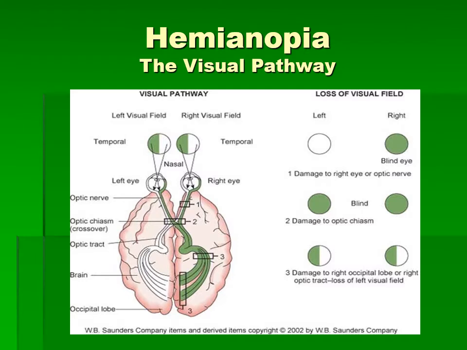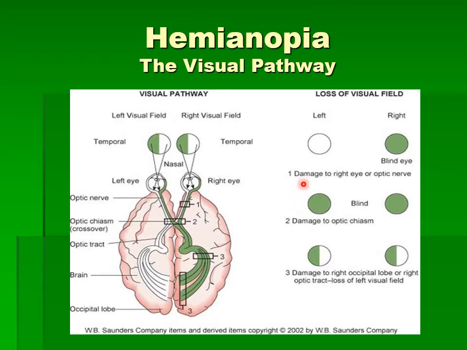So this is a picture showing you where the damage is and what type of blindness you would have. This is showing you the eye, the optic nerve, and there's your optic chiasma, and then going back to your optic tracts, and then your radiations back to the occipital lobe of the brain where visual input is interpreted and identified.